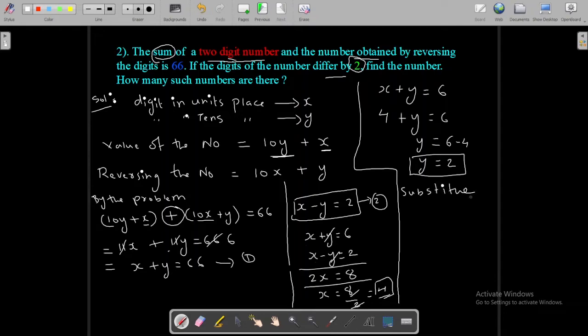Now I'll substitute these values of x and y in 10y plus x and 10x plus y.